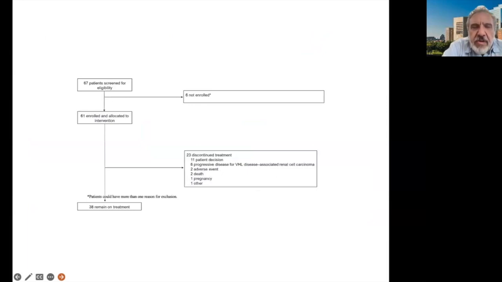So going 3 years later, out of these 61 enrolled patients, there are 38 that remain in the study. 23 of these patients have discontinued the study. The study is still ongoing despite the initial publication. 11 patients discontinued because of their own decision.